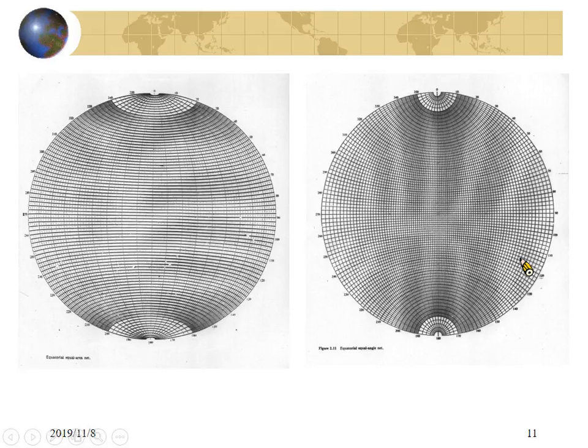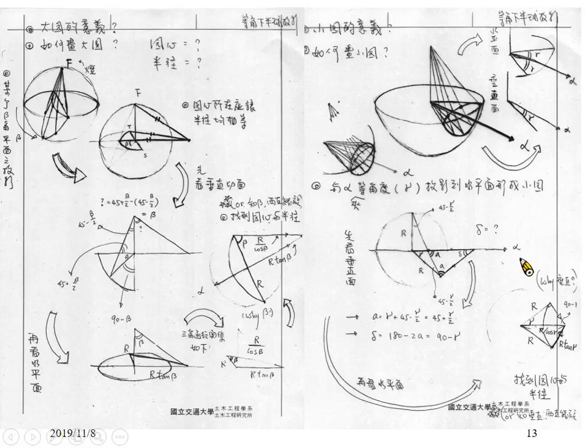Okay? So you will have the equal angle from here to here, from here to here, from here to here, and so on. And that will be the same idea here.